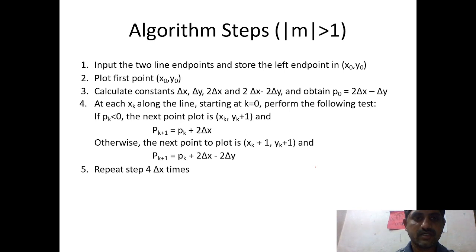If pk is less than 0, the next point to plot is xk plus 1 comma yk and pk plus 1 equal to pk plus 2 delta y. Otherwise, the next point to plot is xk plus 1 comma yk plus 1 and pk plus 1 equal to pk plus 2 delta y minus 2 delta x. Repeat step 4 delta x times.